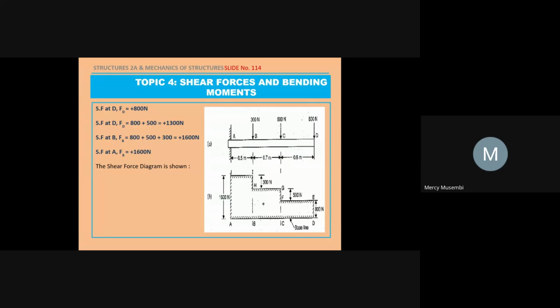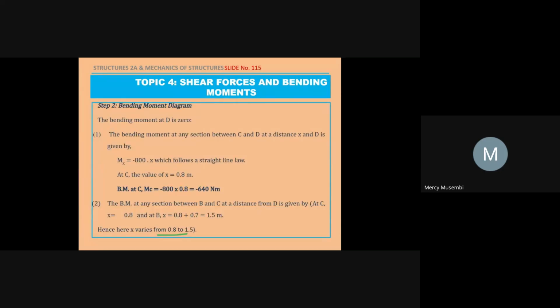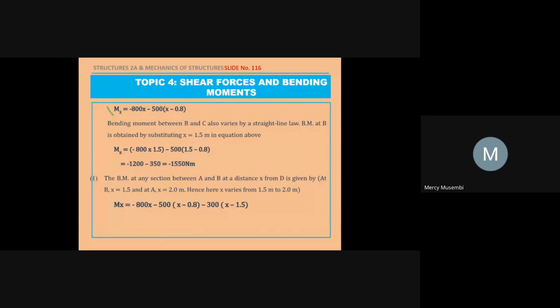Hence, x varies from 0.8 to 1.5. So our Mx will be, remember the formula, Mx equals negative W times x.